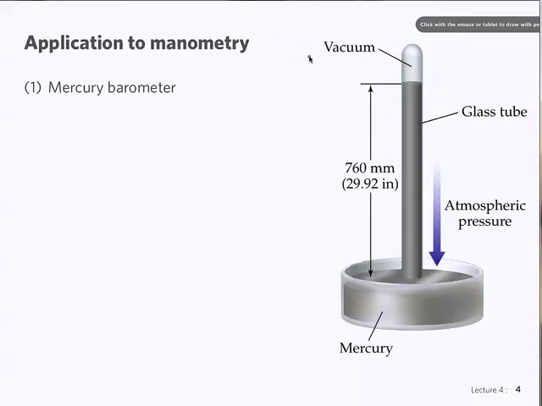So there's vapor pressure here really, rather than vacuum. We use this device, a tube filled with mercury, turned upside down in a pool of mercury, and the column will come to an equilibrium position.